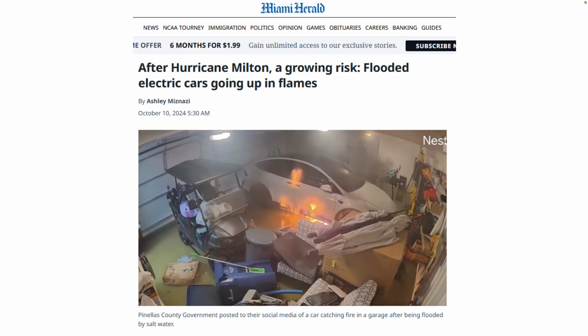where the garage flooded. Remember what's happening here: you've got these really high energy and power dense batteries that have a lot of electrical potential, and you flood them with seawater, right? If it gets inside of the battery, it's basically going to short circuit the battery.